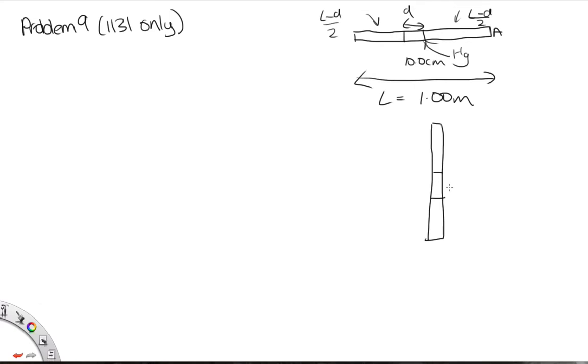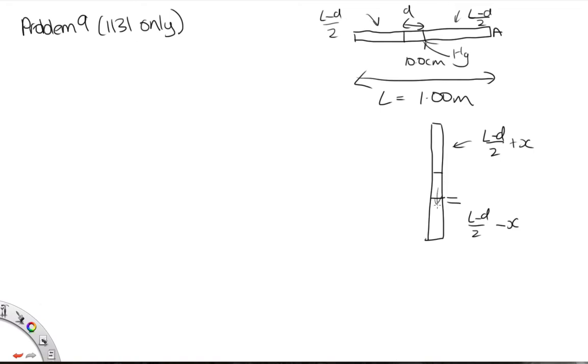This mercury is going to move down a little bit. Let's let this length now be (L - D)/2 + X, and this (L - D)/2 - X. We've got to work out what this X is, by how much it's moved.